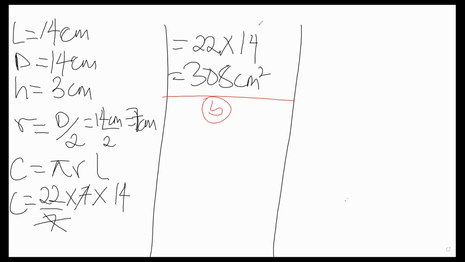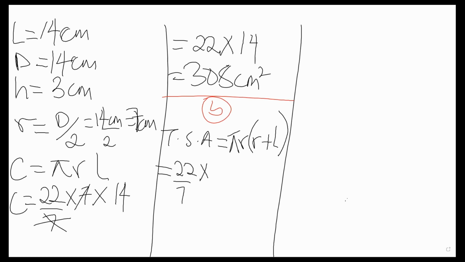Now, for question B, it says calculate the total surface area of the cone, which is given as pi r into brackets r plus L. Now we have been given the values of R and L, so we are going to insert them, which is equal to 22/7 multiplied by R, don't forget that our R is 7, into bracket 7 plus 14.